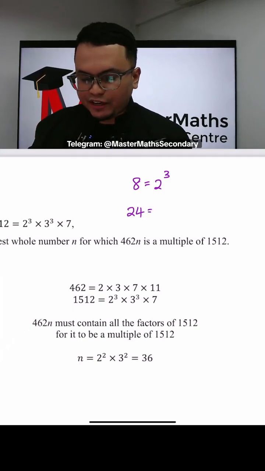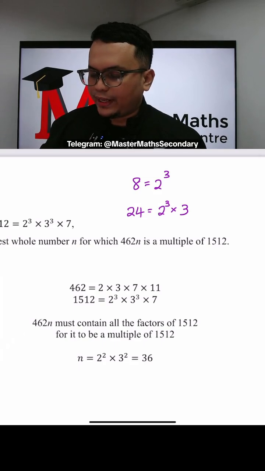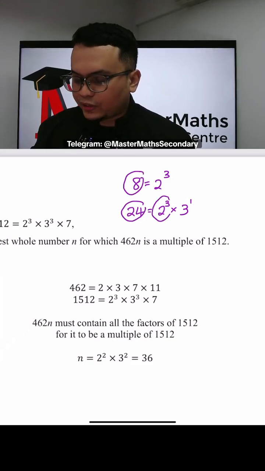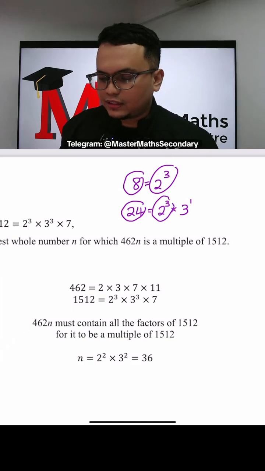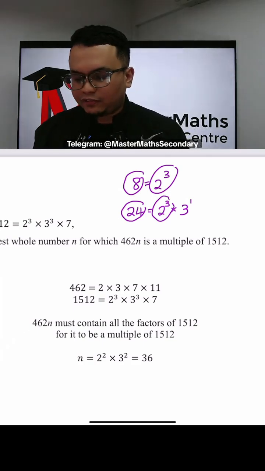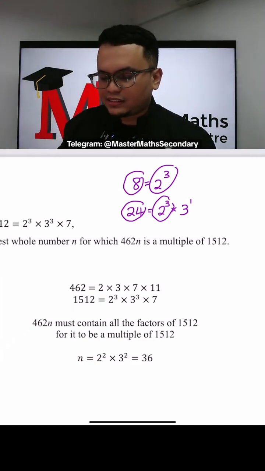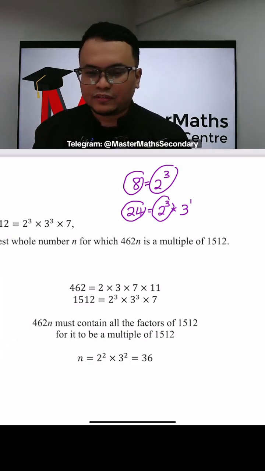So let's look at the prime factorization for 24. 24 is 2 to the power of 3 times 3 to the power of 1. Notice that since 24 is a multiple of 8, you have 2 power 3 within the number 24 itself.